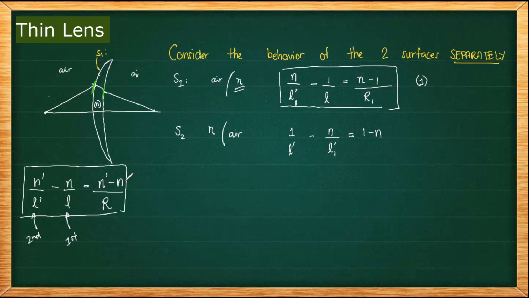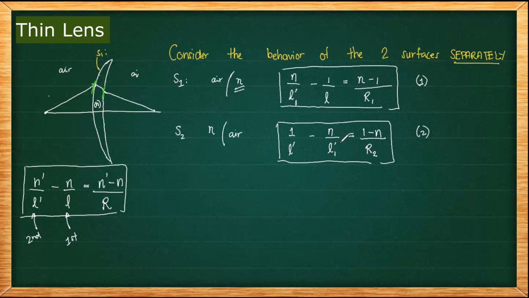Second medium minus first medium, air minus n, over the radius of curvature for the second surface. So we have now these two equations.